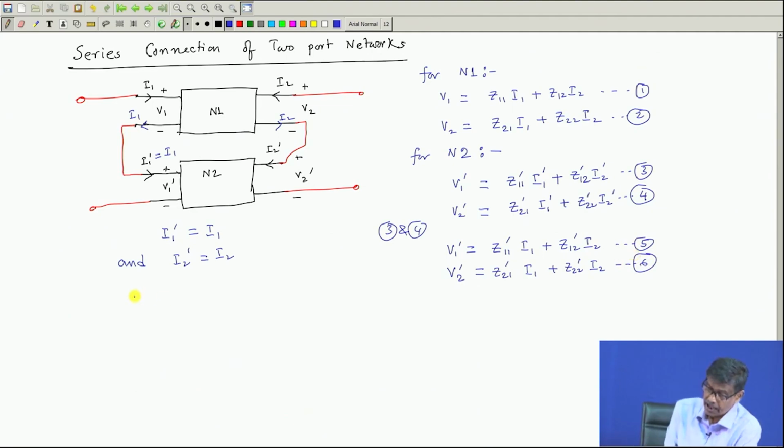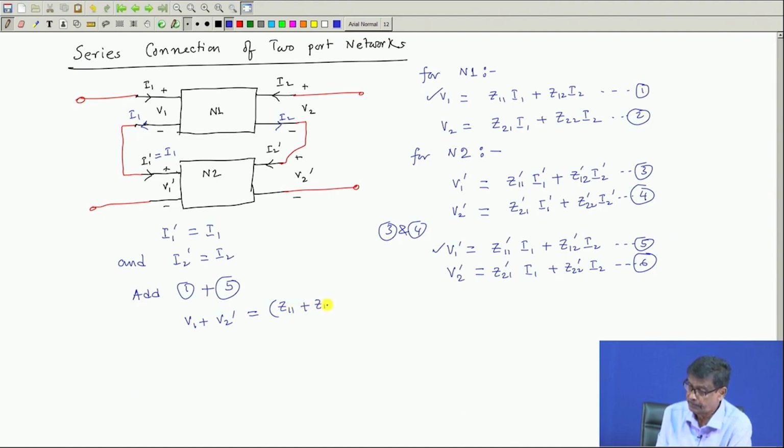Now, what do you do? You add equation 1 and 5. If you add 1 and 5, on the left hand side you will get V 1 plus V 2 dashed. This equation and this equation I am adding. So, V 1 plus V 2 dashed will be simply Z 11 plus Z 11 dashed into I 1, this term and this term added up.